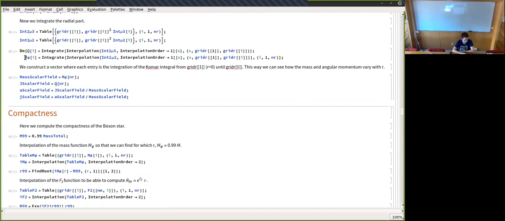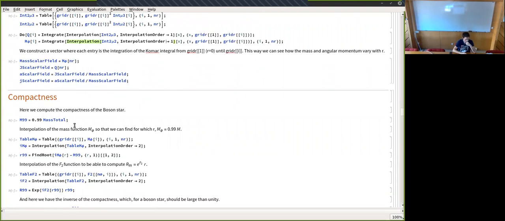Instead of only obtaining the final value for the mass, what I did was a vector with all the masses computed for all the points on the radial coordinate. So if it is on the horizon, it should be 0. Then as you move along the radial coordinate, for each point, the mass will grow until we go to infinity and it should go to a fixed value.